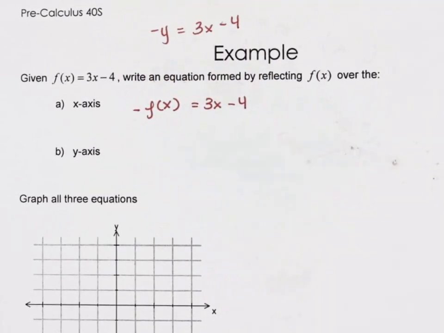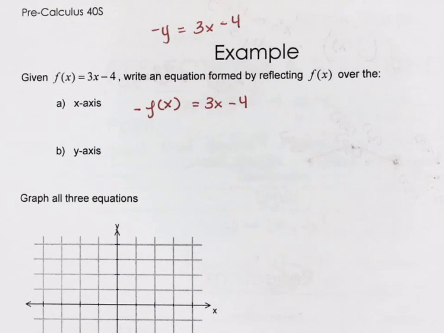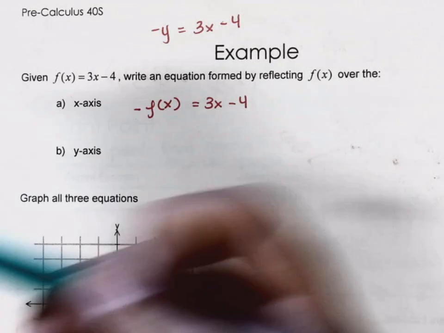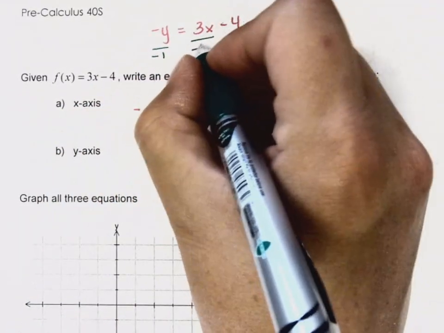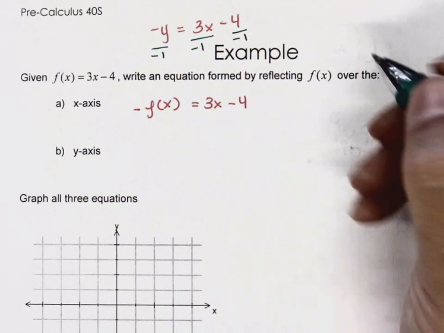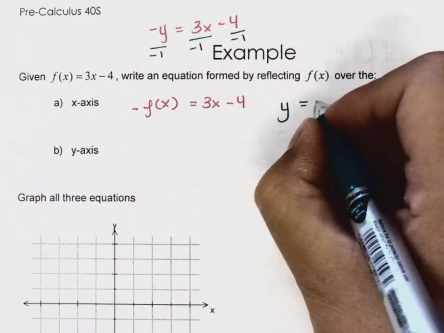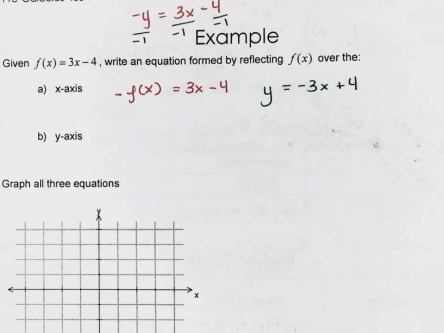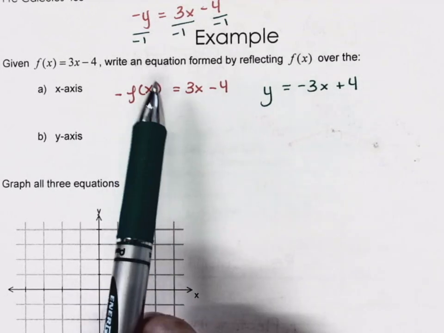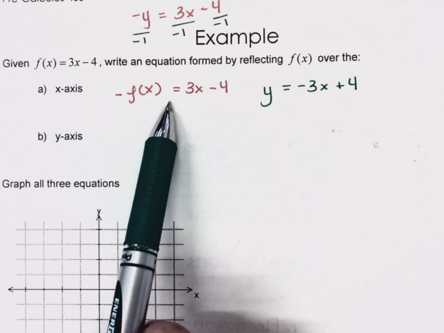So we're going to divide out that negative, so we divide by -1. Whatever I do to this side, I have to do to everything on this side. So we would have y equals -3x plus 4. Okay? So nothing different. If you want it reflected in the x-axis, you times the y by -1. Just grammatically leaving it like that, we would never do that.